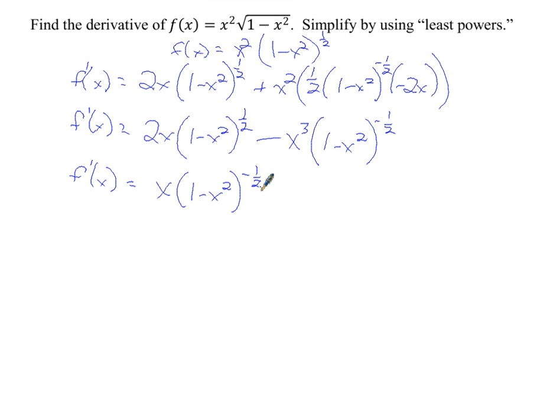Okay? All right, open up parentheses and write what's left over. We didn't factor out the 2. We did factor out the x, so we're not going to write that. We factored out a 1 minus x squared to the negative 1/2 out of this. So I am going to have 1 minus x squared to some sort of exponent. We don't know the exponent, do we?